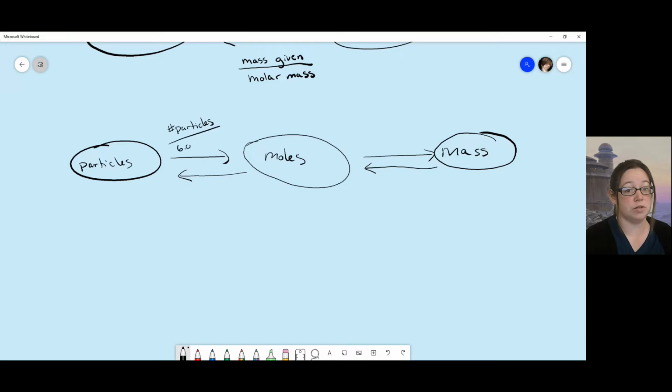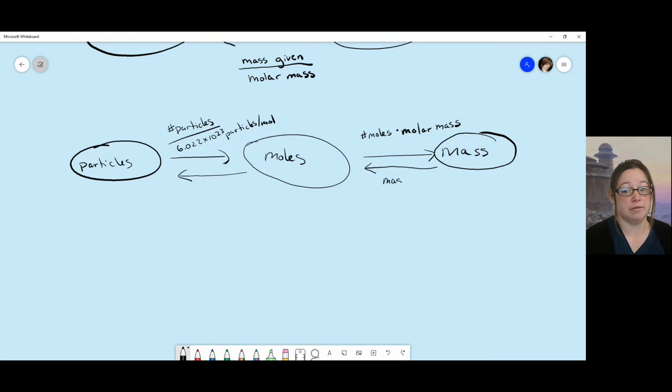So we know particles to moles is number of particles divided by 6.022 times 10 to the 23 particles per mole. And then from moles to mass, it's number of moles times the molar mass. Now we're going back the other way, going mass to moles.